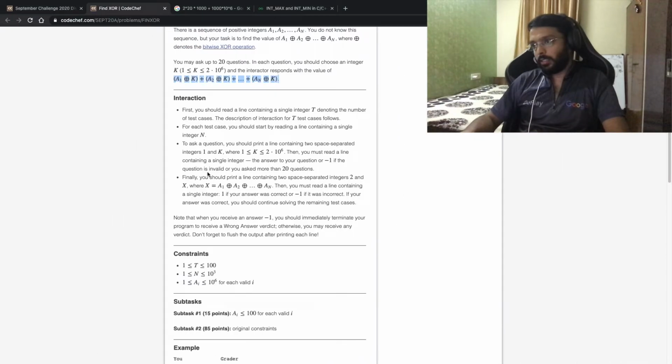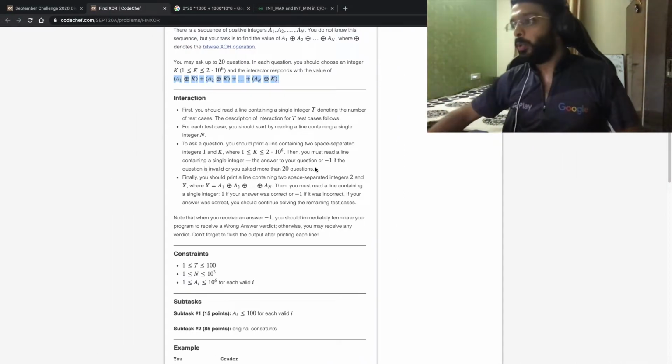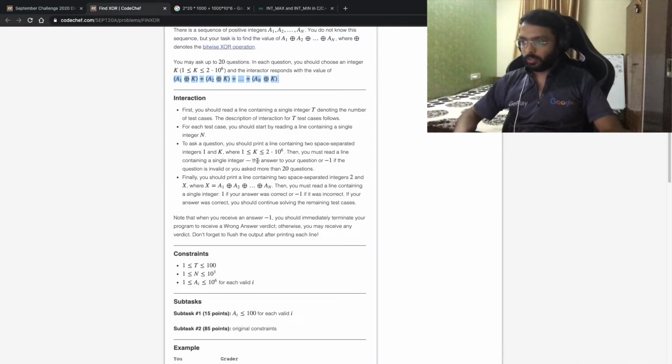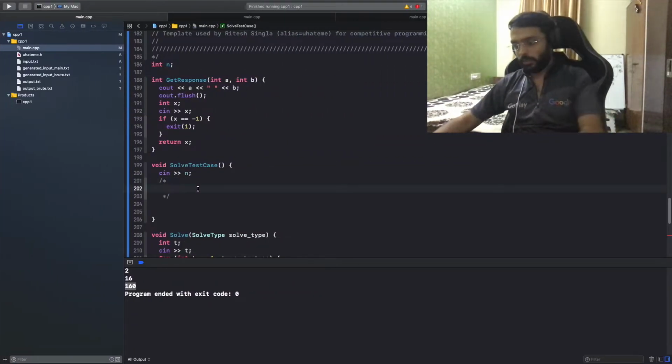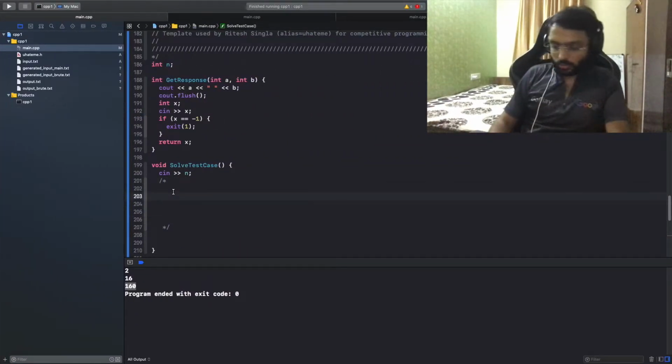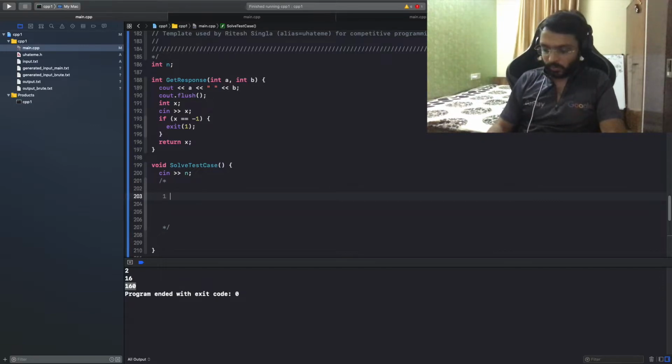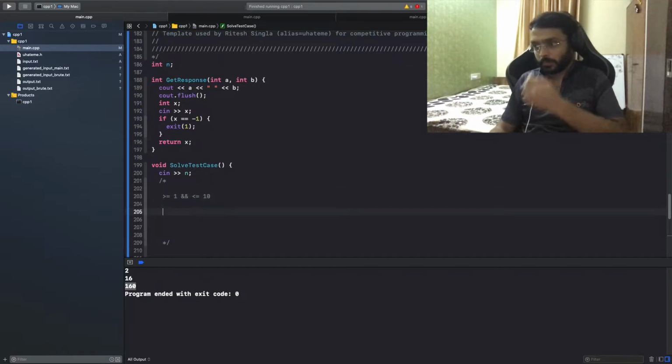And then let me try to reduce the question and maybe take some examples so it becomes easier for us to understand. So let me say that each element is greater than or equal to 1 and less than or equal to 10.